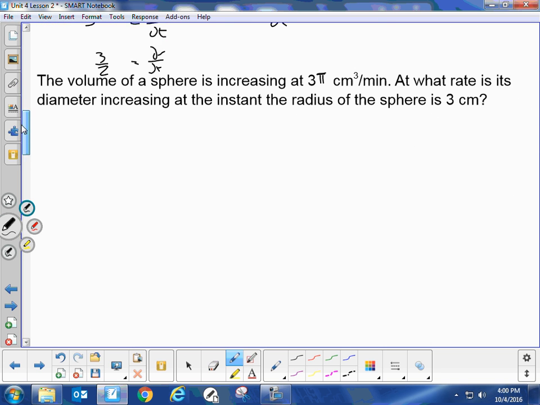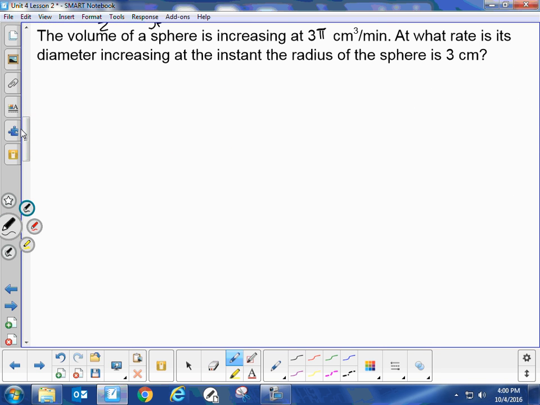Okay, next one. The volume of a sphere is increasing at 3 pi cubic centimeters per minute. At what rate is its diameter increasing at the instant that the radius of the sphere is 3 centimeters? So volume dV/dt is 3 pi. We want the diameter, I'll use a capital D, when the radius is 3.